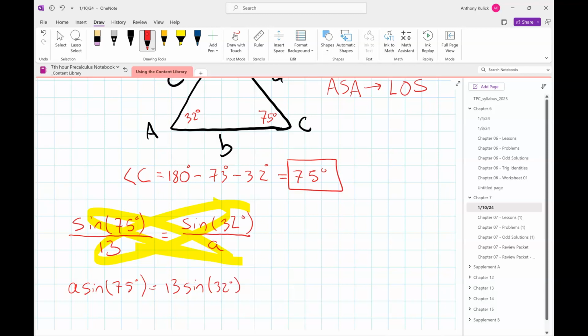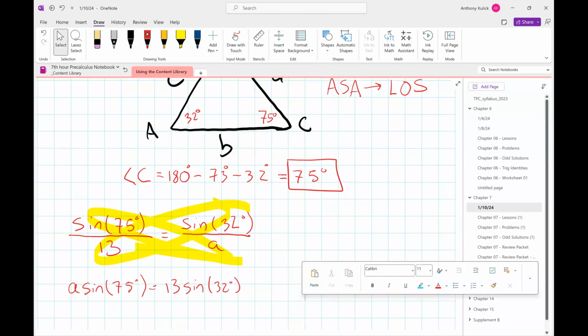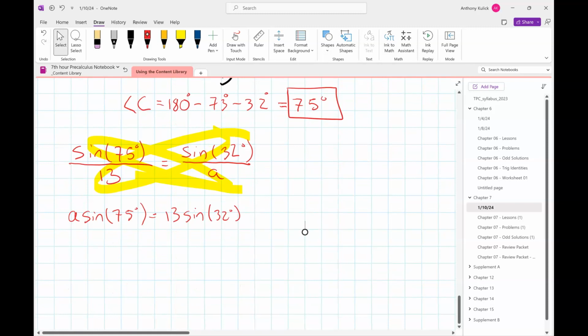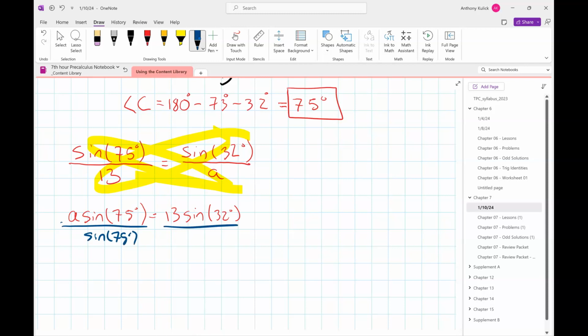Is everybody okay with how I got there? To get the a by itself, I just need to divide both sides by sine 75. And now it's calculator time.